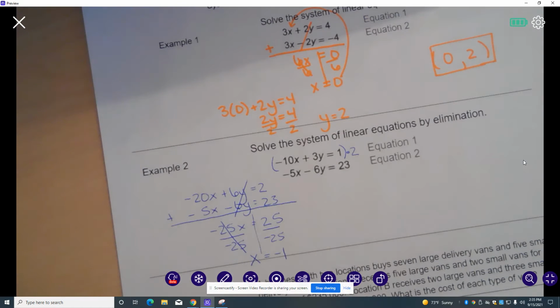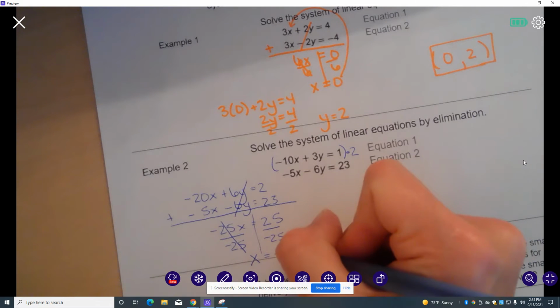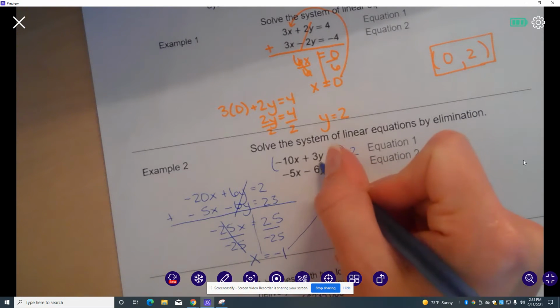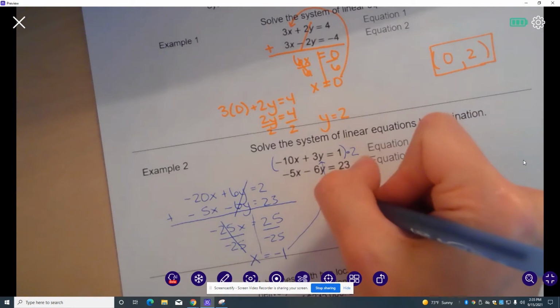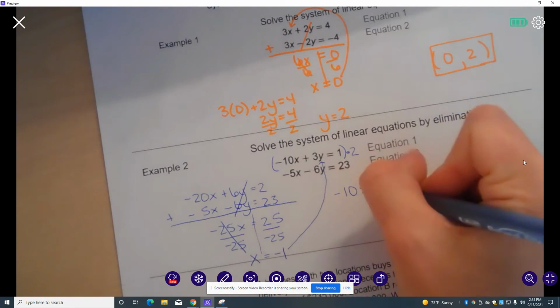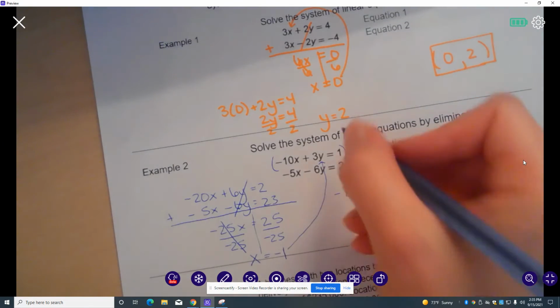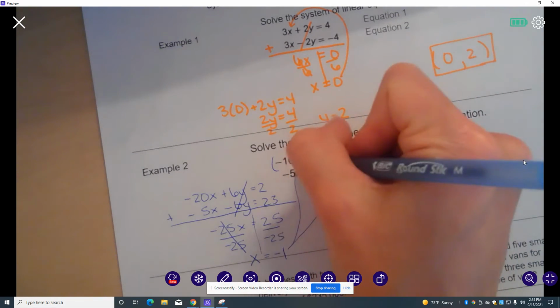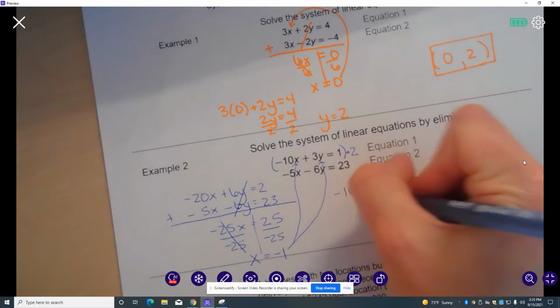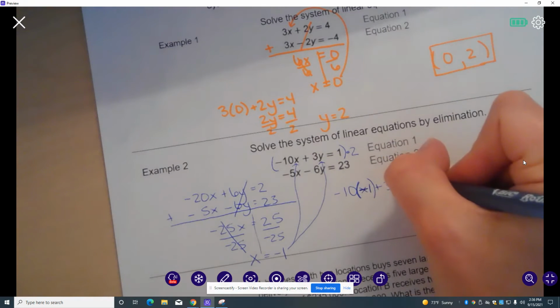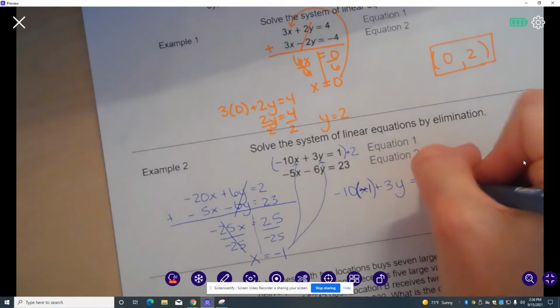So now I'm ready to find y. So I can go back and plug negative 1 in into one of my equations. Oops, I'm sorry, I meant to plug that in for x. I'm going to plug it in for x. So negative 10 times negative 1 plus 3y equals 1.